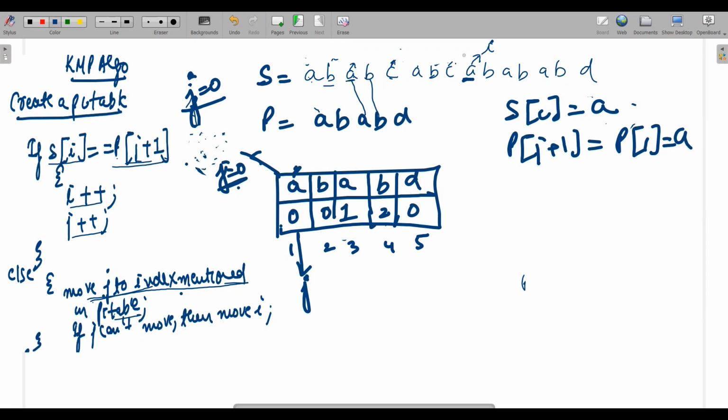Then I am going to check this i, right? And we have to check with j plus 1. Earlier j plus 1 was A. Now j plus 1 would be B. B and B are matching. This B and this B are matching. Then this A and this A are matching. This B and this B are matching.